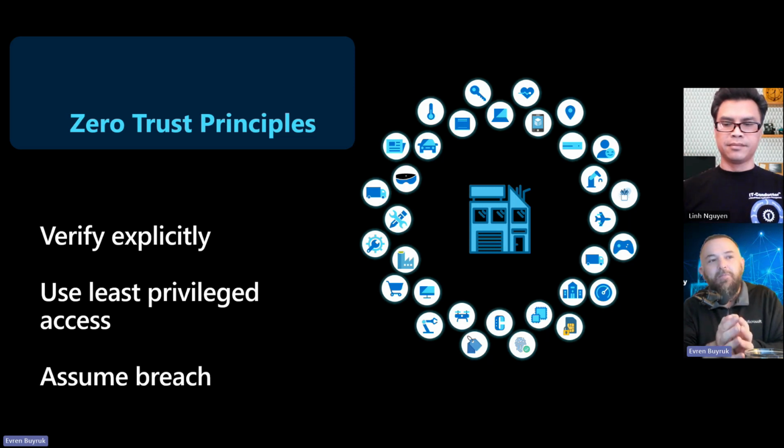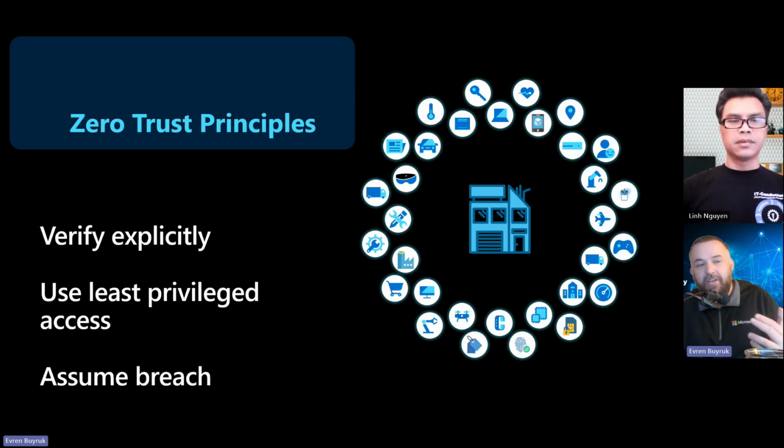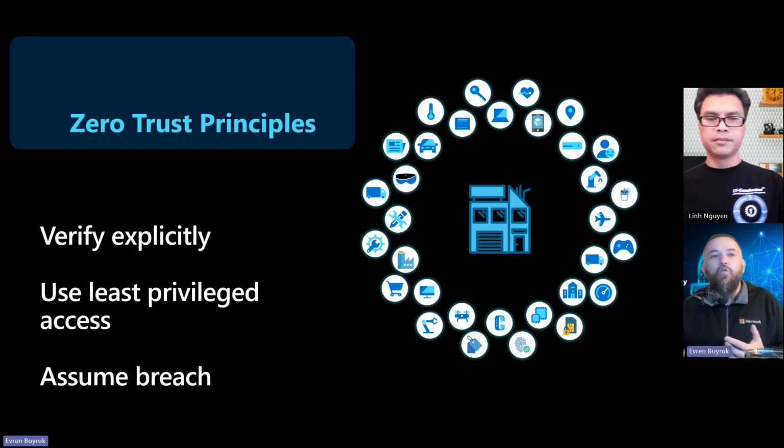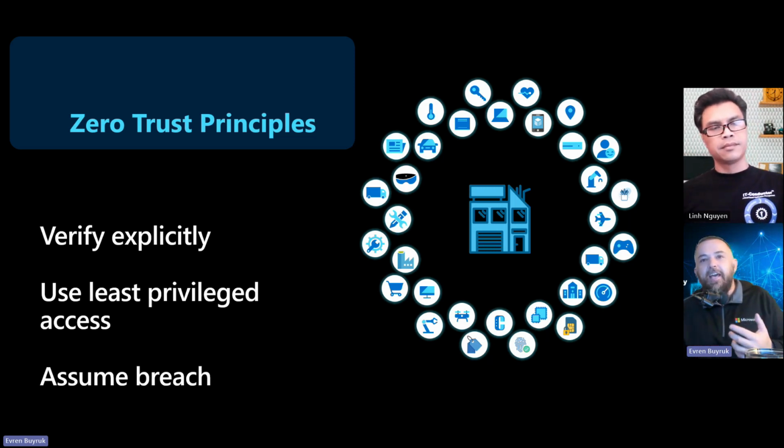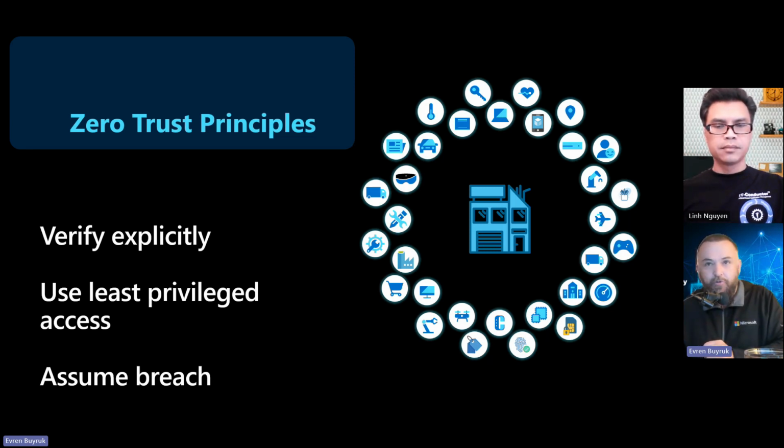What we say to our customers is that they should minimize blast radius and segment access, and then they should be verifying end-to-end encryption and use analytics to get visibility, and then they can drive threat detection by capturing that visibility by way of protecting network traffic with encryption methods and protocols that will provide them the confidentiality, integrity, and authenticity of the data in transit, which is everything the customers are looking for today.